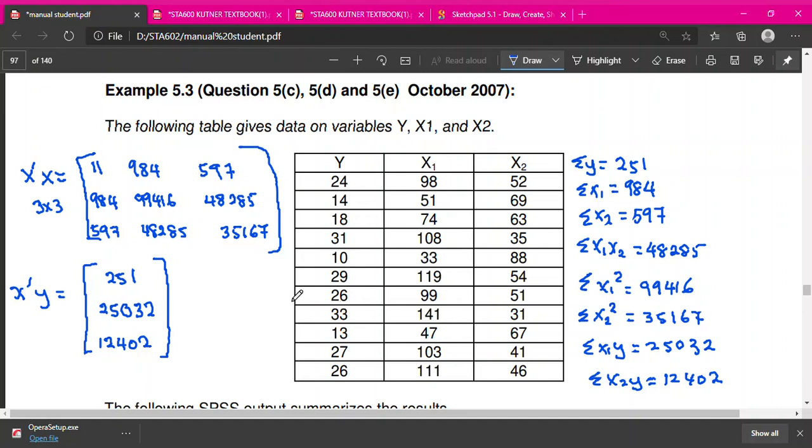So now we need the matrix of X transpose X inverse. Try to find the X transpose X inverse using your calculator.